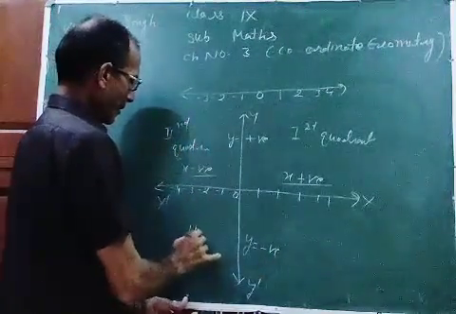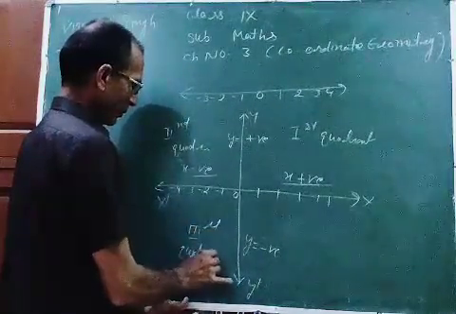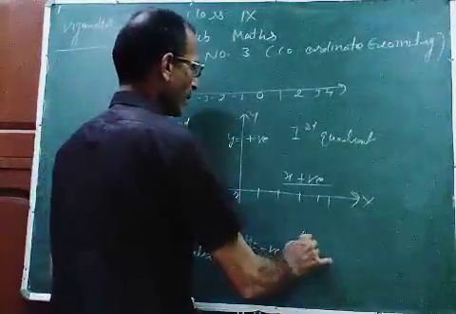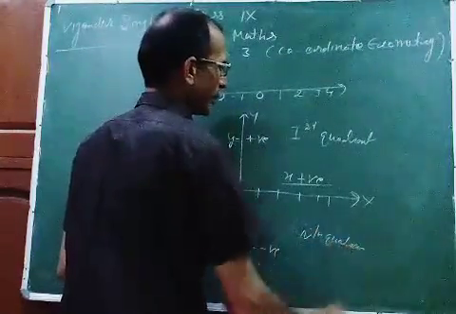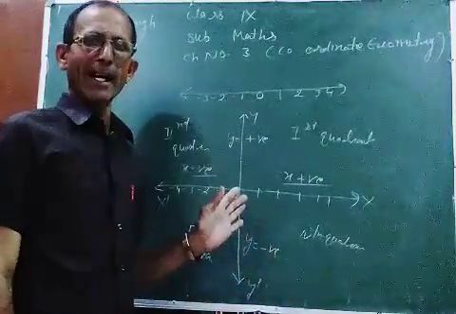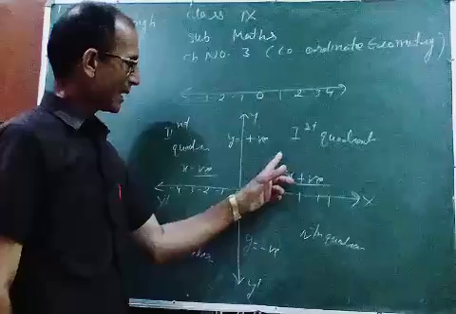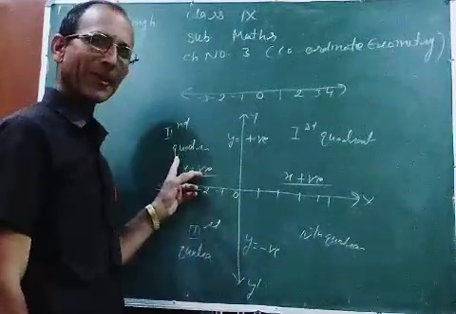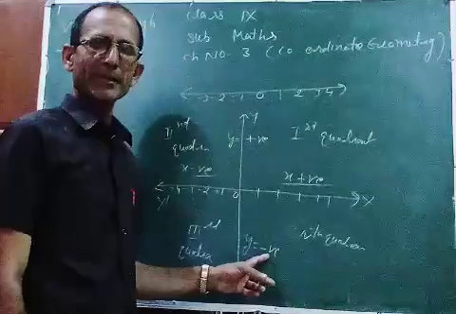This is the third quadrant, and this is the fourth quadrant. So two mutually perpendicular lines are dividing a Cartesian plane into 4 quadrants.